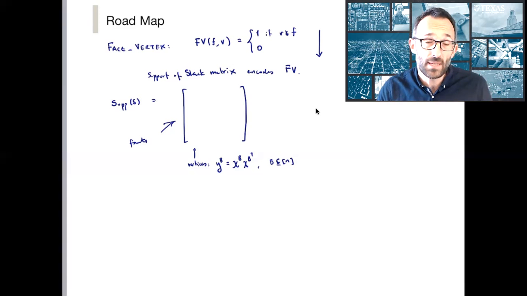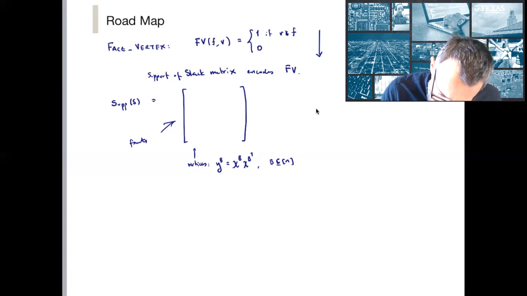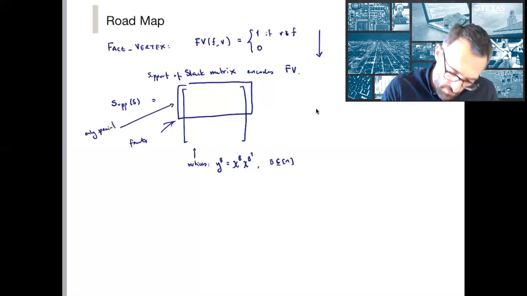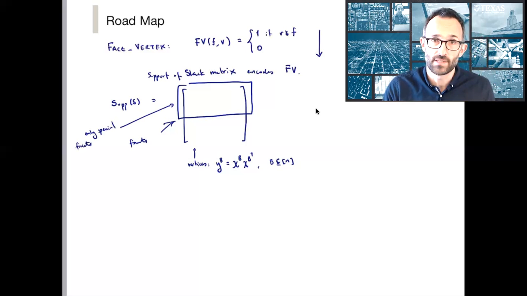We're going to make this problem easier by only looking at a subset of S. So we're only going to look at the subset of rows, and these facets are going to be only those special facets we defined in the previous lecture.